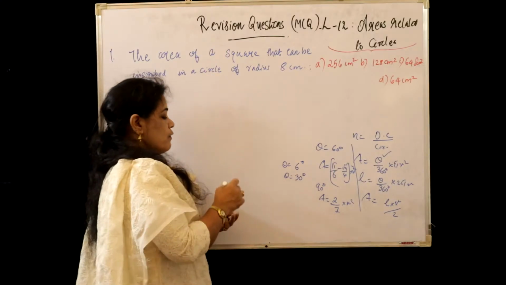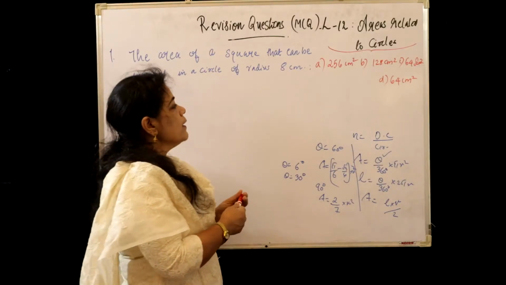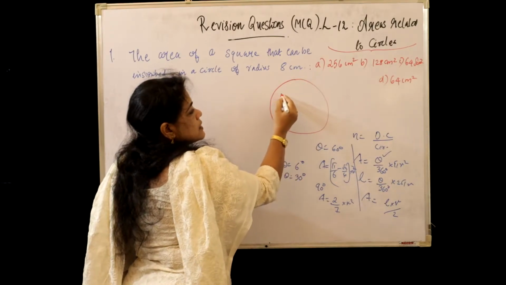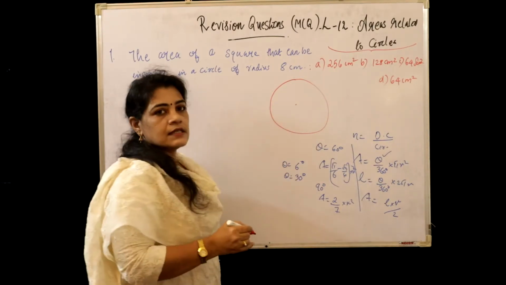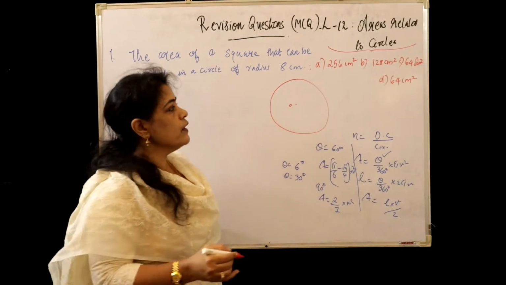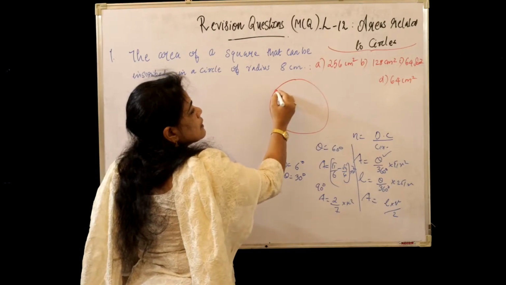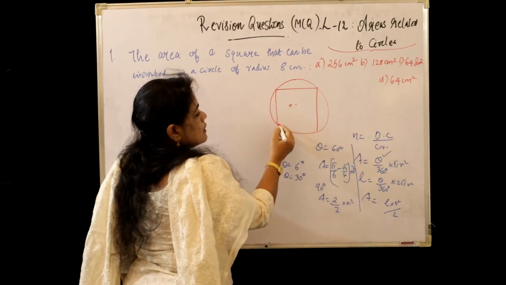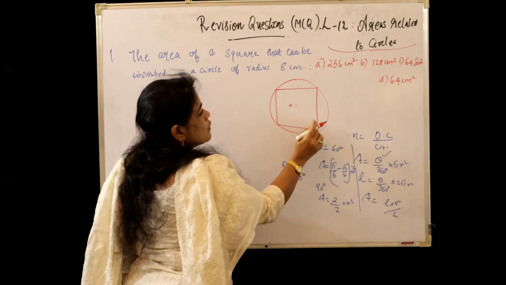So we have a circle with the center O, and a square is inscribed in it.